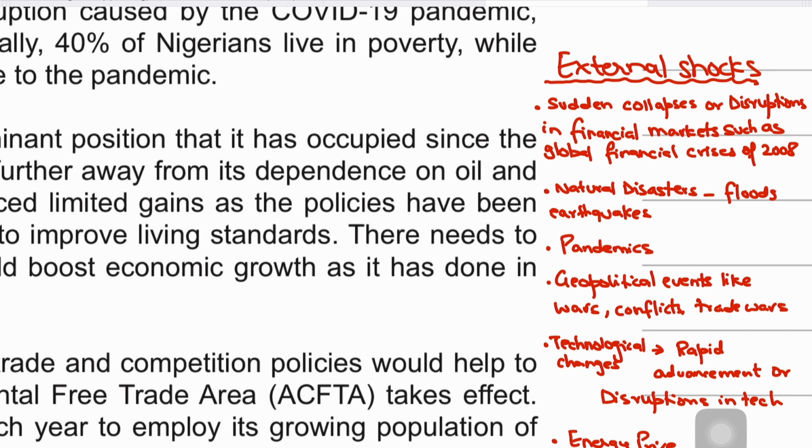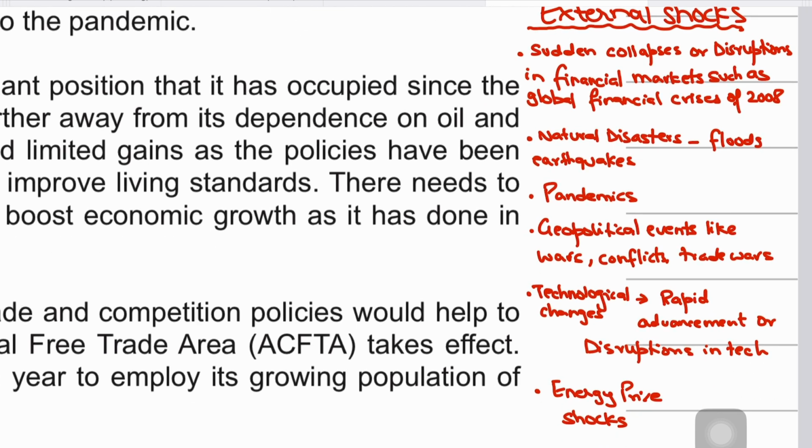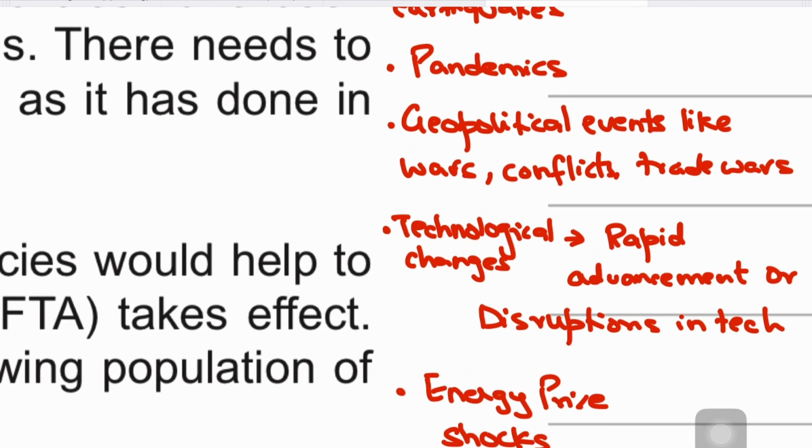Geopolitical events like wars and conflicts, and technological changes, are also examples, such as a rapid advancement or disruption in technology, like the advent of automation or artificial intelligence. All of this can reshape industries, and they can create either winners or losers.